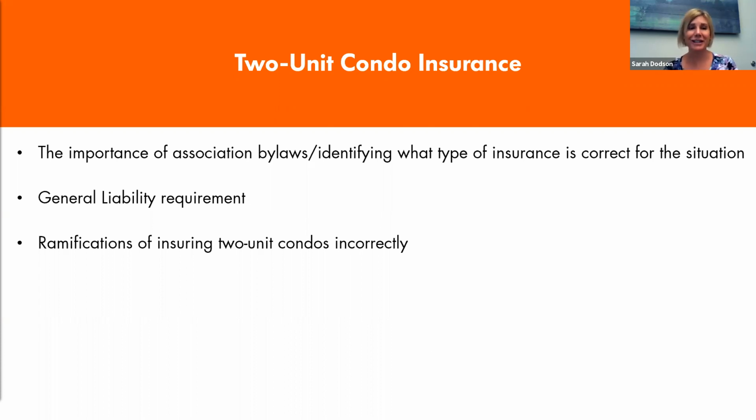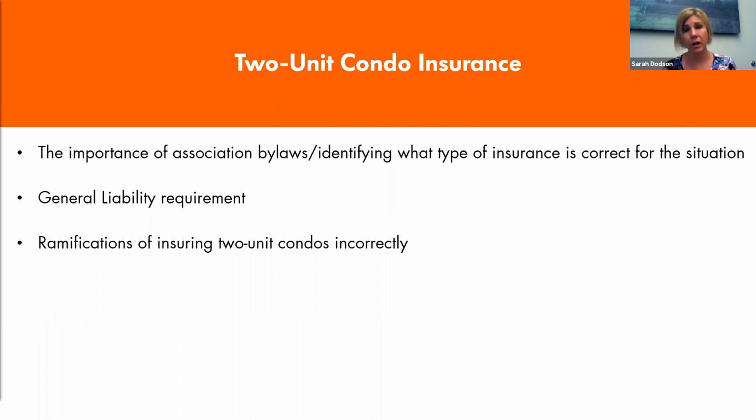The ramifications of insuring a 2-unit condo incorrectly, it's very simple, is any type of claim could be denied if a claim is filed and then they go to take a look at the policy and it's written incorrectly. They can deny that claim. Alternatively, they could pay the claim and then non-renew the policy when it comes around to renewal.